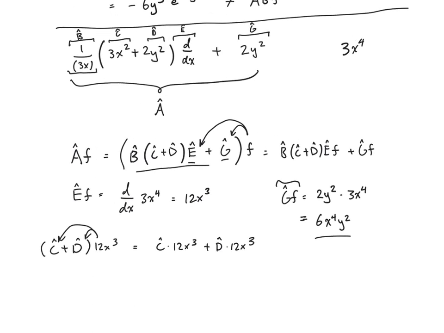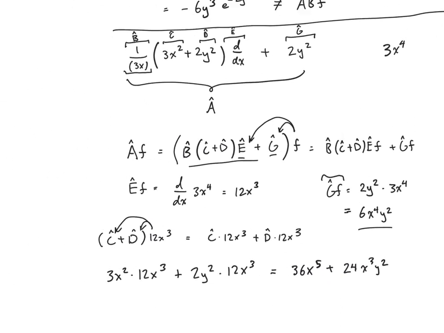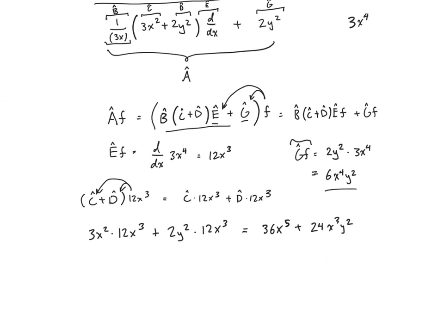And when I write out what the C hat and D hat operators are, I get 3x squared times 12x cubed plus 2y squared times 12x cubed. When I simplify this out a bit, I get 36x to the fifth plus 24x to the third y squared. Okay, so now I've applied the C and D operators.